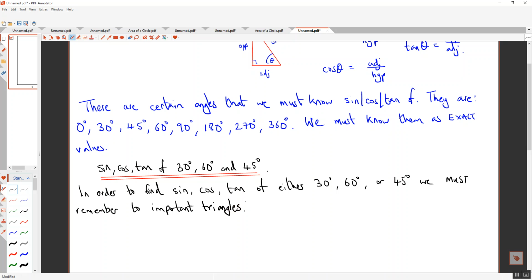So I'm going to show you two different triangles, okay, that are going to help you remember what sine, cos, and tan of 30, 60, and 45 are, okay?